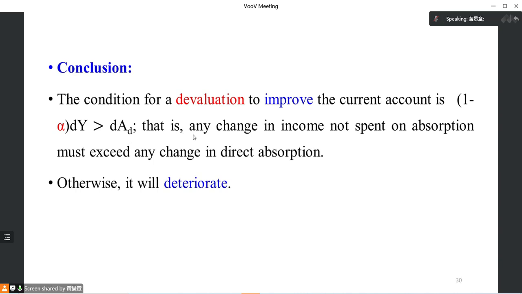That is, any change in income not spent on absorption must exceed any change in direct absorption. Otherwise, it will deteriorate.